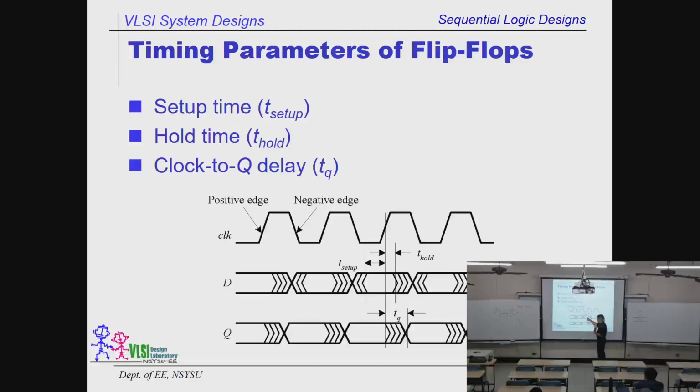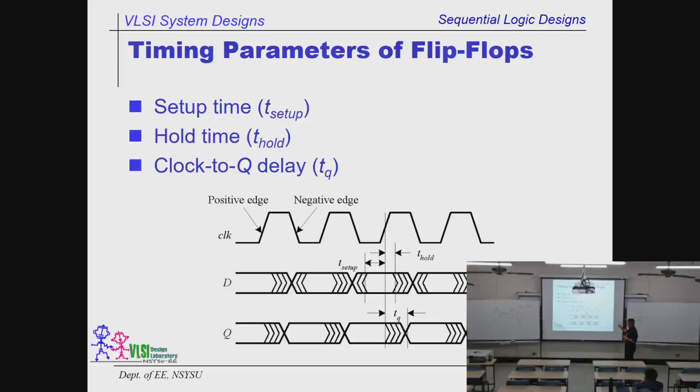The time between when it is stabilized and the point where the edge goes up is called the setup time. So you have to make sure all the D is ready to be sampled, T setup, before the rising edge. Again, the data must stay stable for T hold after this rising edge. This is the definition of the setup time and the hold time.